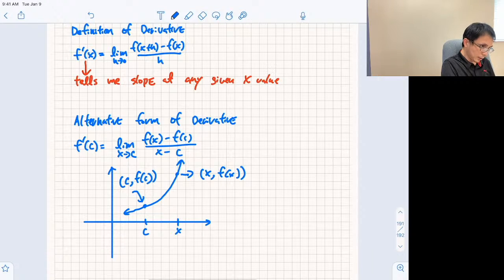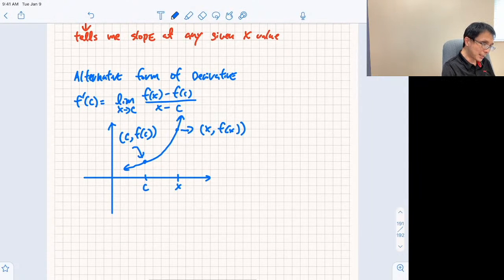Then basically the idea is, when x approaches c, we shrink the distance and close in x towards c. So this point is going to move this way, and eventually it's going to draw a tangent. It starts with 2 points like this, and then closer, and closer, and eventually it gets so close it's going to be the tangent line.